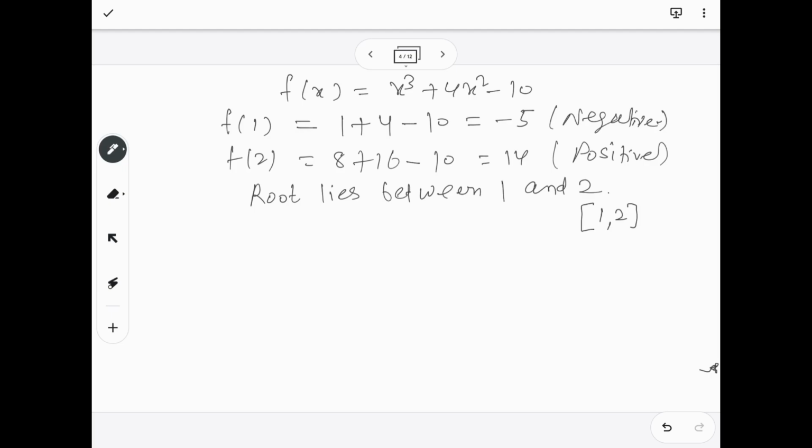Now we can write this particular function in x equal to g form, and for different initial approximations, let us say we take one initial approximation as 1.25 or another one as 0.5, and we proceed.